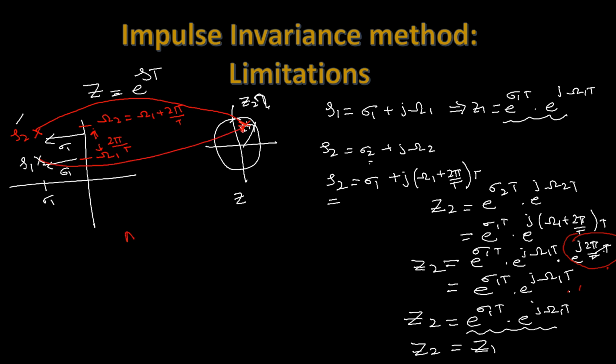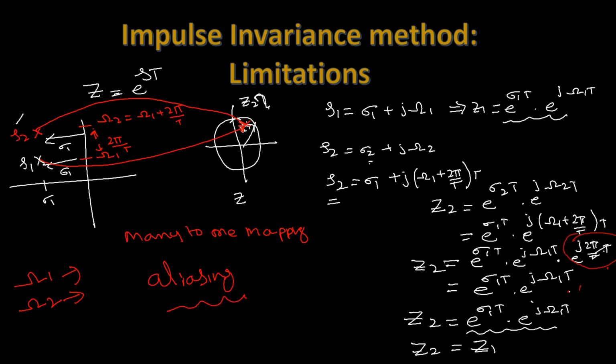It is called many to one mapping. What is actually many to one mapping? S1 is at a low frequency, omega 1, and S2 is at omega 2 frequency, which is a higher frequency, right? So higher frequencies are occupying the location of lower frequencies. This is called the aliasing effect.